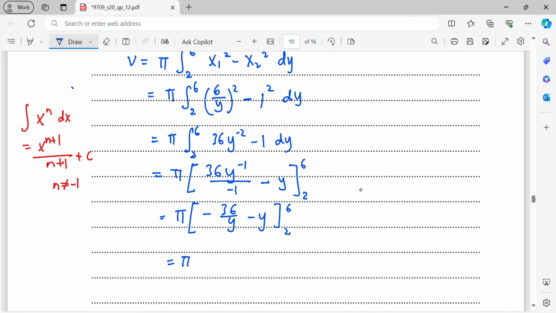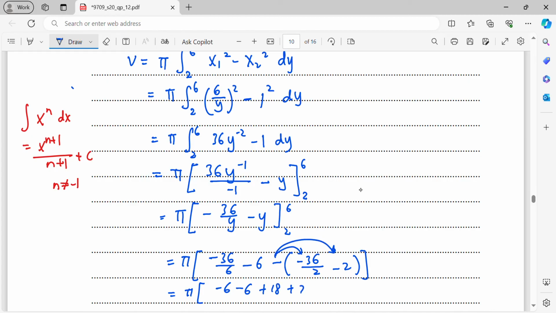And now here, when I replace the y by 6, I will get minus 36 over 6, then minus 6, and minus the lower limit, so minus 36 over 2 minus 2. So you will get minus 6, and then this minus minus is a plus, so plus 18, and minus minus is another plus, so plus 2.